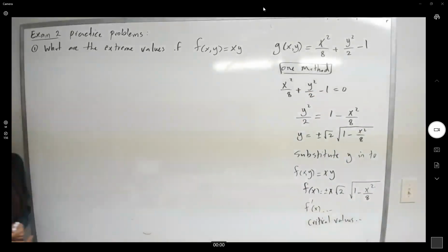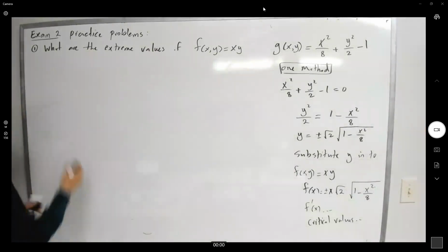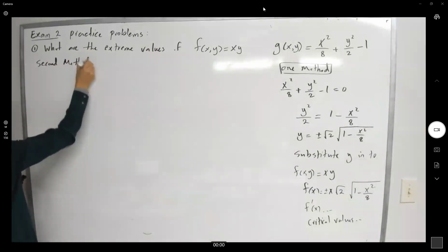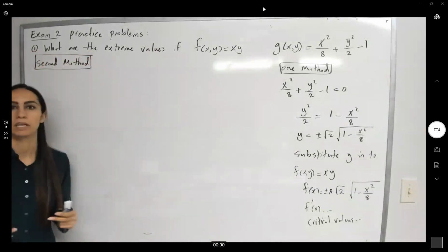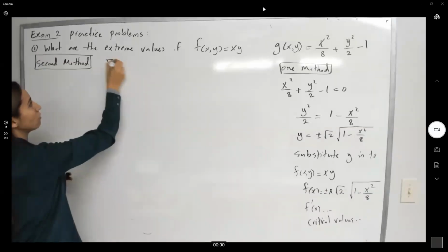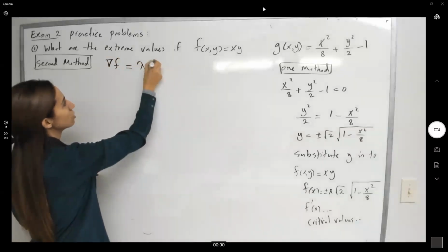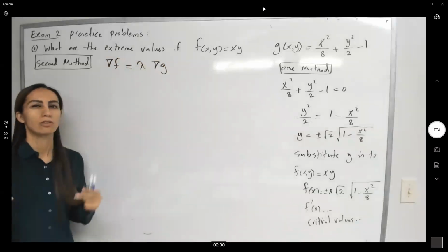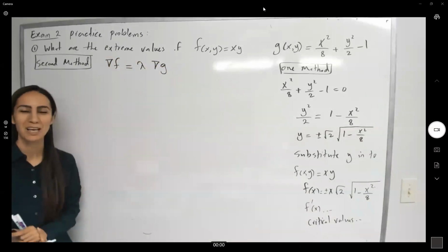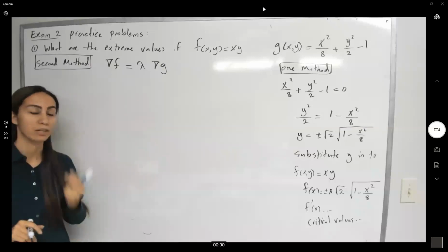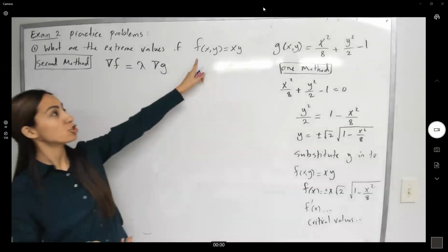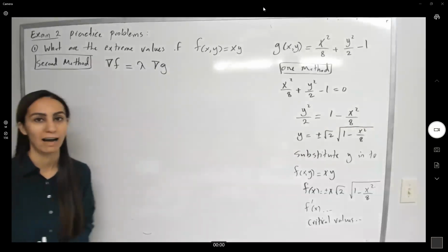Another method uses the Lagrange multipliers. Since we are in a multivariable calculus class, I expect you to know how to apply them. We take the gradient of the first function and set it equal to lambda times the gradient of the second function. We are looking for the points where the two gradients are parallel, because at those points the function takes its optimal values.